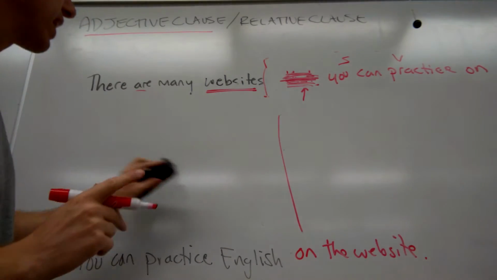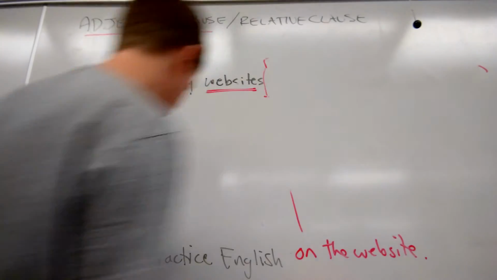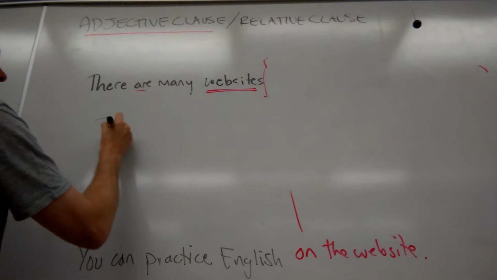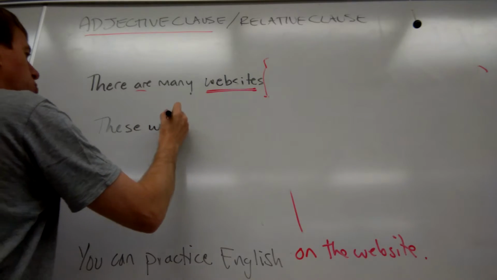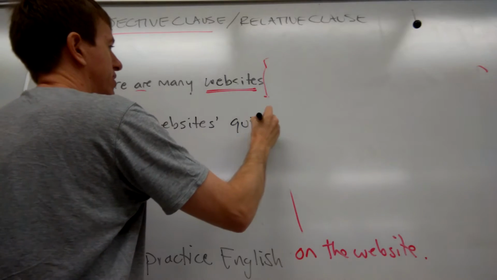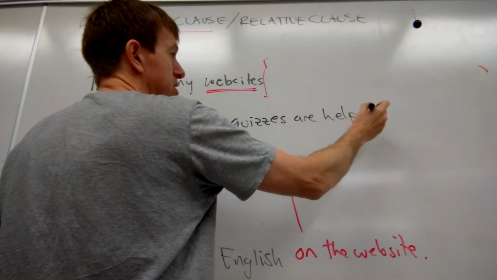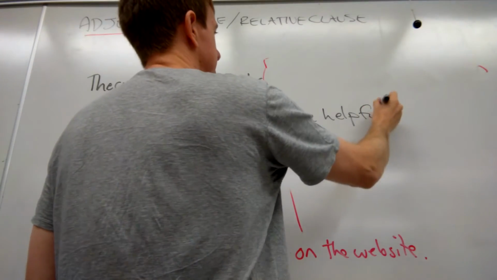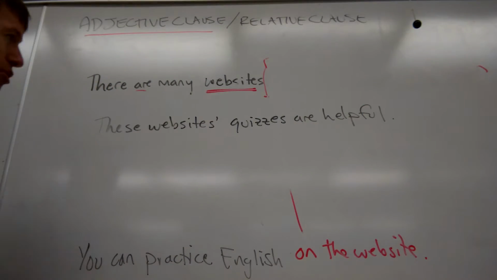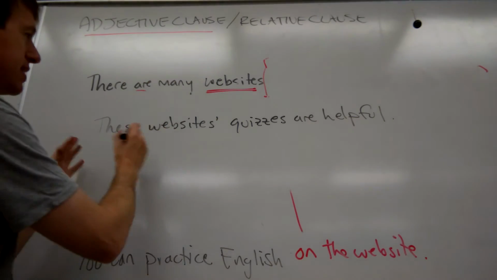Okay, one more I'd like to go over, and you can't see it, so I'm going to write it here. If you want to say these websites, quizzes are helpful. So there are many websites, and these websites have many quizzes that are helpful. I want to say that there are many websites, and then these websites.